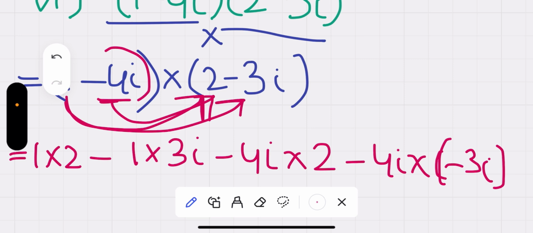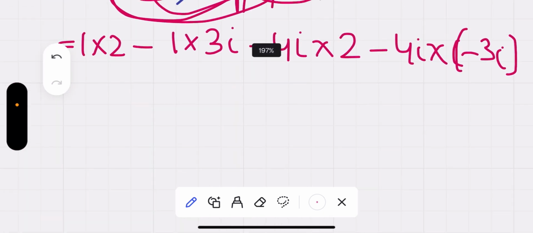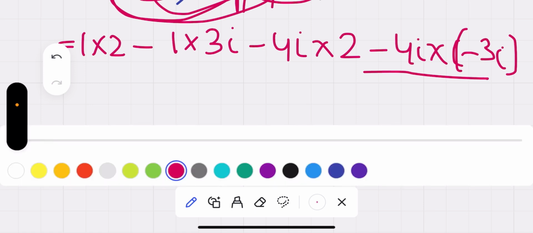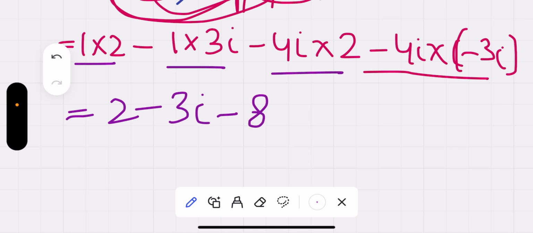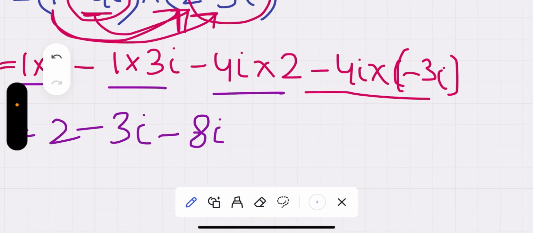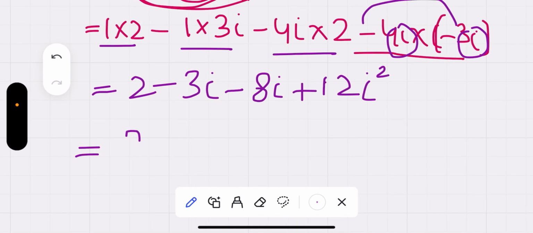Because this is negative 4 iota and negative 3 iota, we have two negative signs, this one and this one. Next we have 1 times 2 is 2, negative 1 times 3 is 3 iota, and negative 4 times 2 is 8 iota as it is. Here negative sign and negative is positive, and 4 times 3 is 12 iota. Since there are two iotas, iota times iota gives iota square. Okay, 2.